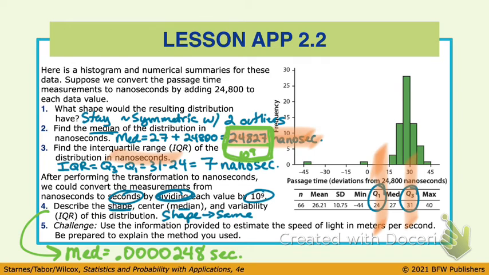For the IQR, I will actually divide by 10 to the ninth. Okay, so when I transform by division, I actually do exactly what it says. So I am going to be shrinking this distribution by quite a lot. And so I'm going to divide by 10 to the ninth.